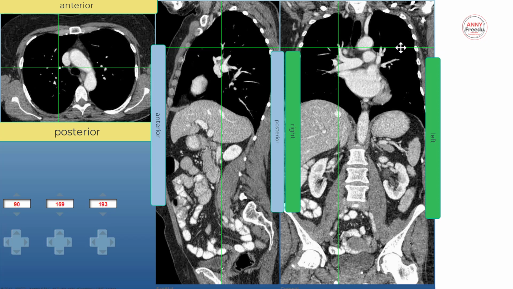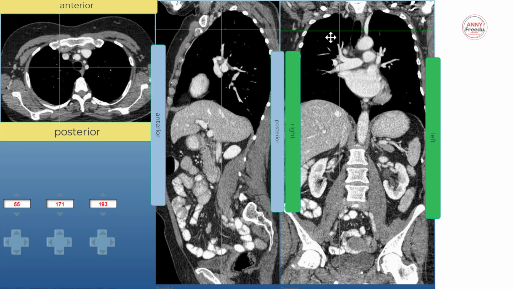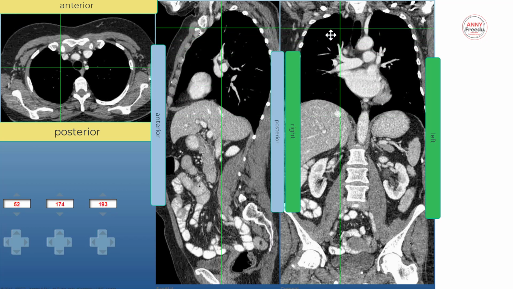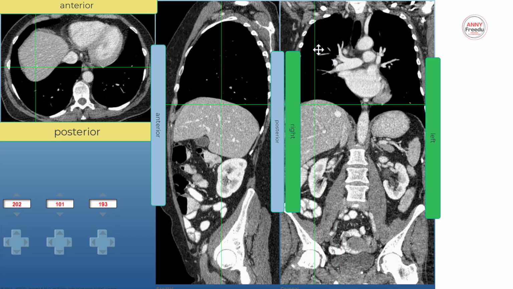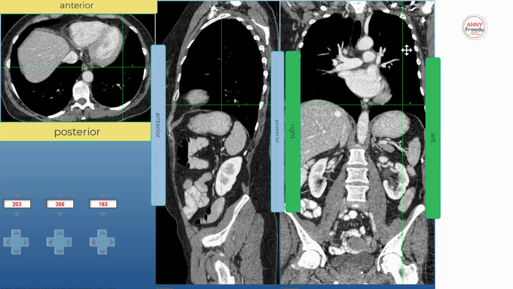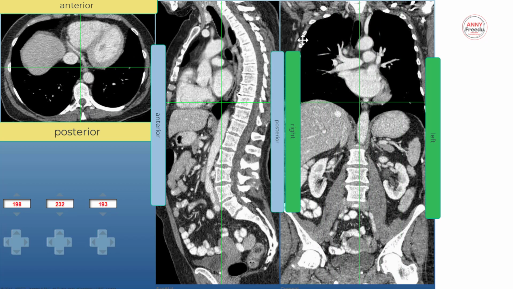On the coronal plane, we also have two vertical lines. We have two lines. This line that can go higher or lower, superiorly or inferiorly, also represent transversal plane. And this line that can go either on the right side or on the left side, it represents sagittal plane.